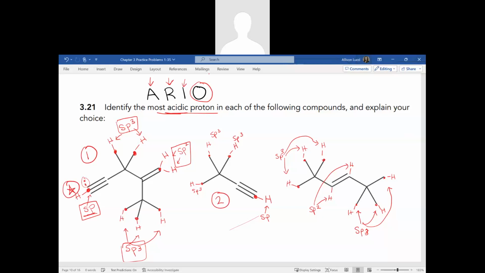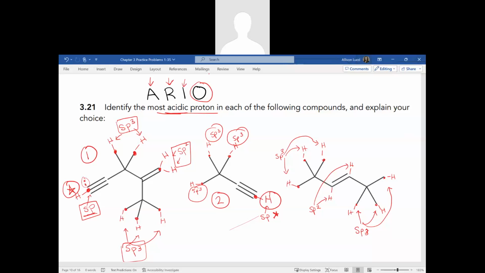Again, we see there would be 3 sp3 hybridized hydrogens here, 3 over here as well on that carbon, and then another 3 sp3 hybridized hydrogens down here. And last but not least, our most acidic proton will be the sp hybridized carbon proton here. So that would be our most acidic proton.